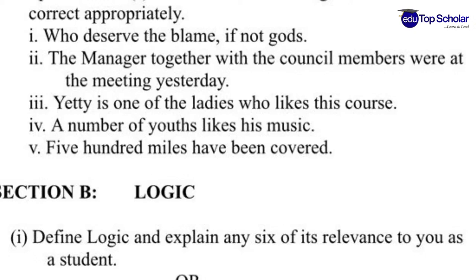So Yeti is one of the ladies who like this course. So the verb there should be like, not likes, because ladies is a plural subject for that sentence. So let's assume we have it as some ladies like this course, and Yeti is one of the ladies who like this course. I think you should understand now.